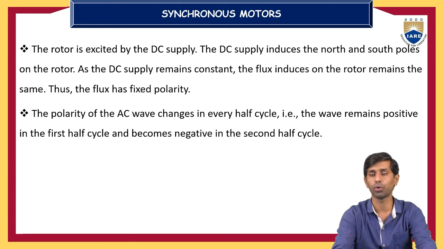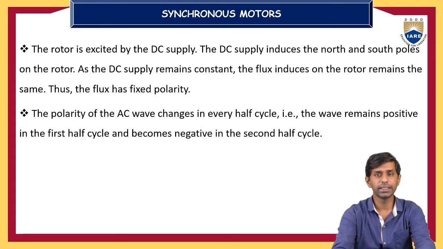For example, if it is a two-pole rotor, the two fixed poles, north and south, will be developed when you excite the rotor winding with a DC supply, and it is constant. A constant magnetic field is developed when you excite the field winding with a DC supply.